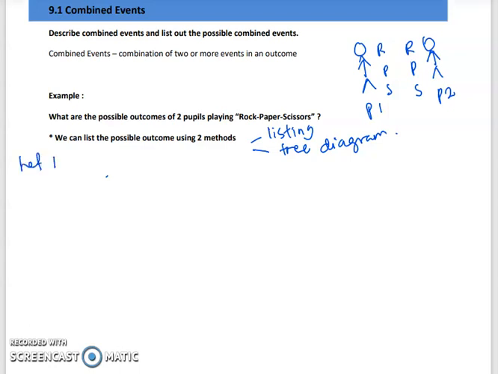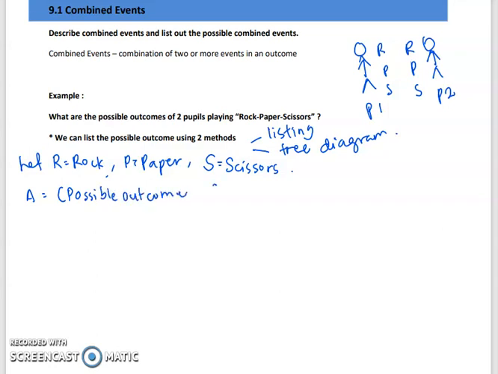Let R be rock, P be paper, and S be scissors. And then let A be the possible outcome for pupil 1.